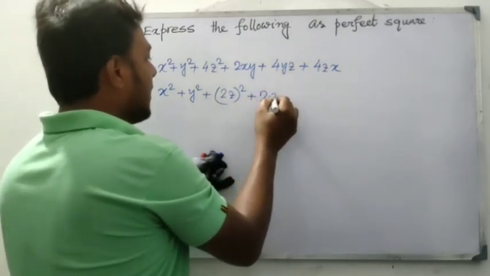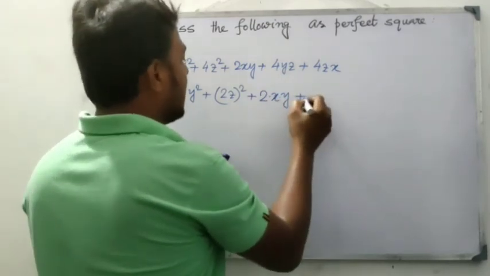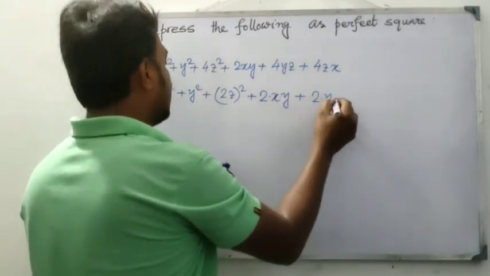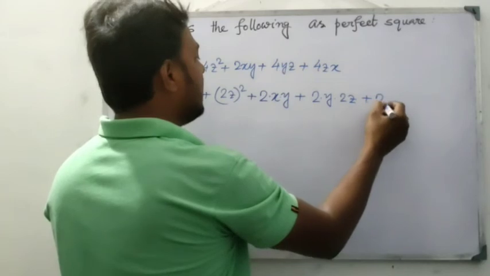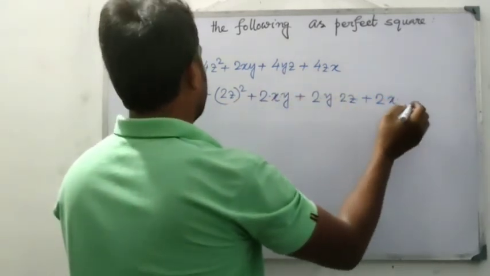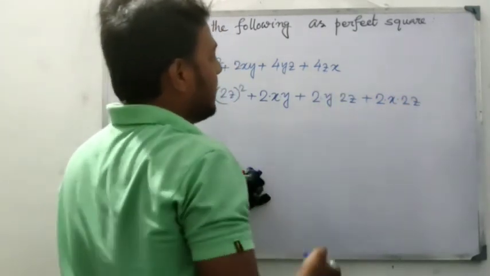2xy can be written as 2 into x into y. So now we have 2ab plus 2bc plus 2ac. 2bc means b is y and c is 2z, and 2ac, where a is our first one and c is our last one. See, all the terms are balanced.